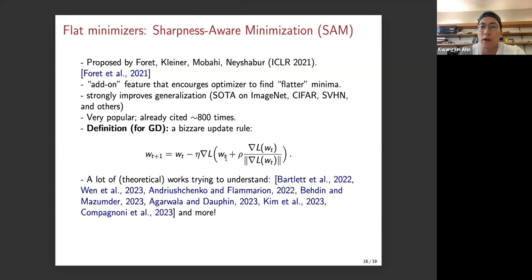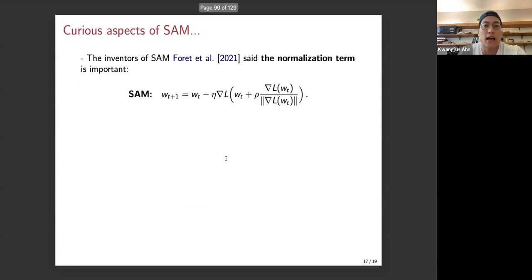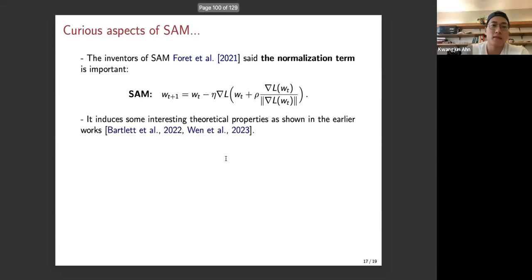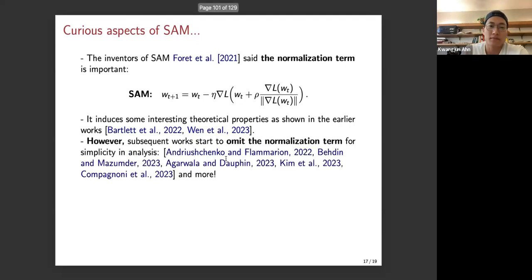There have been a lot of theoretical works, but one curious aspect in these works is that the original inventor of SAM emphasized the normalization term in the ascent step. In fact, the first two theoretical works actually make use of this property to improve their theoretical properties.